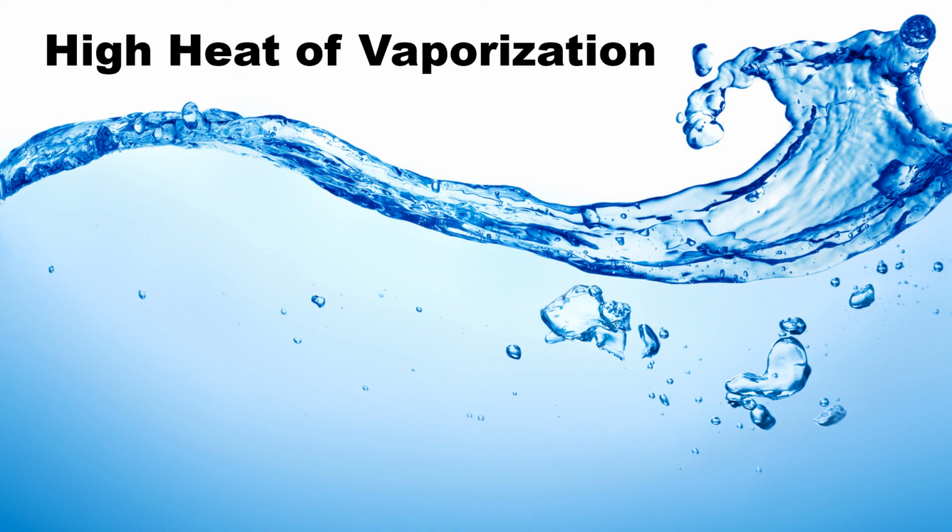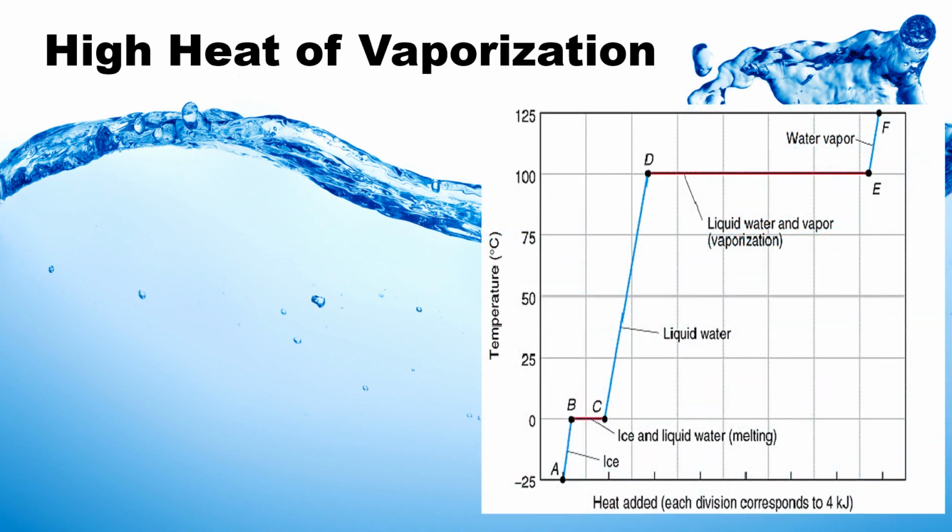Another property, closely related to its specific heat, is the heat of vaporization. Right, this is the amount of energy that it takes for a phase change to take place. So either boiling or melting, freezing. These are both changing from one phase to another.